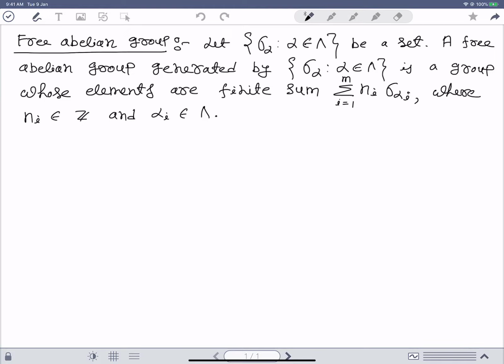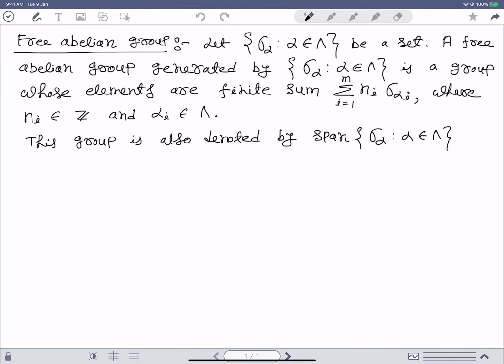Fine. Now this group is also denoted by the span of this set. Okay, fine. So this is called the free abelian group generated by these objects.